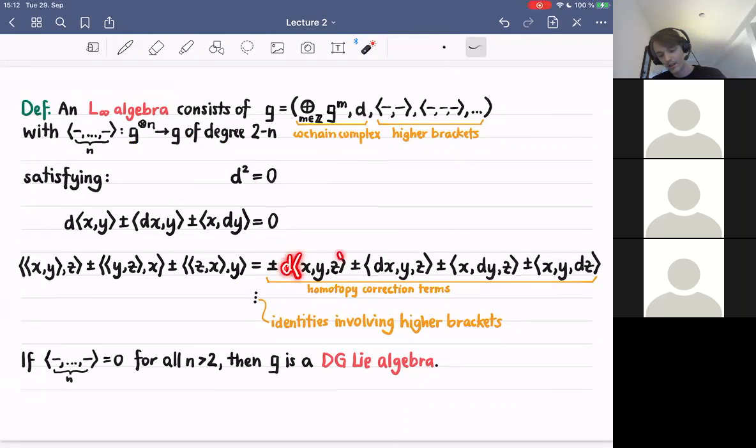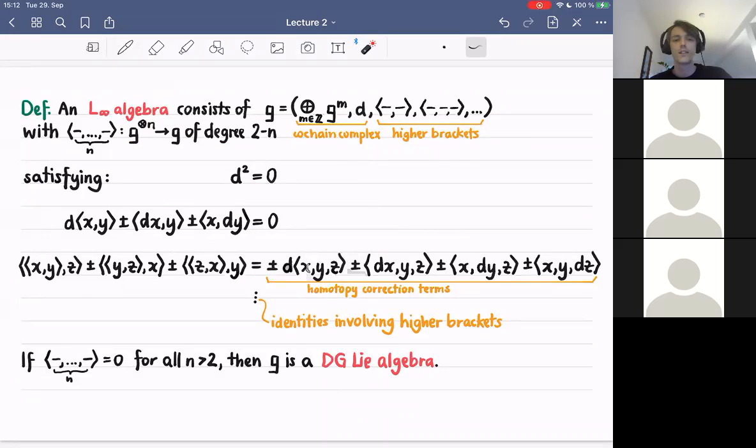On the left we have 2 binary brackets in each term, and here we take a unary bracket and a ternary bracket in each term, and all the possible terms, and there are some signs. Okay, then there are also the higher identities which involve the higher brackets.